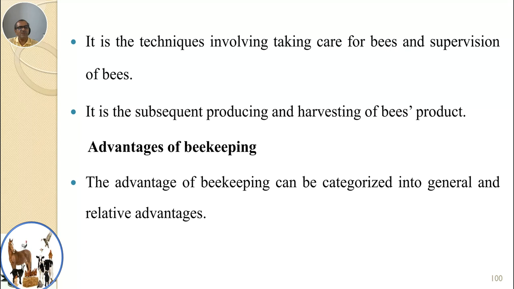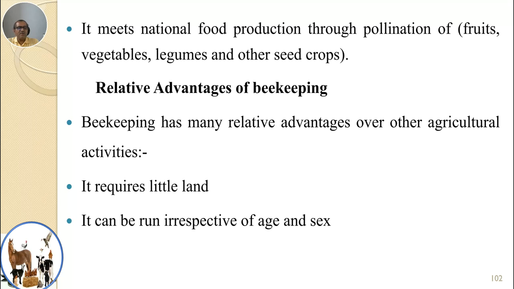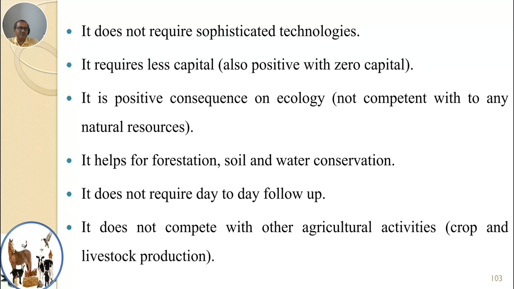An advantage of beekeeping is pollination, a general relative advantage it has, and honey is one source of energy, carbohydrates, and also beverage requirements. Beekeeping has a lot of advantages over other agriculture. It requires little land, or no land at all, and can be run irrespective of age and sex, etc.